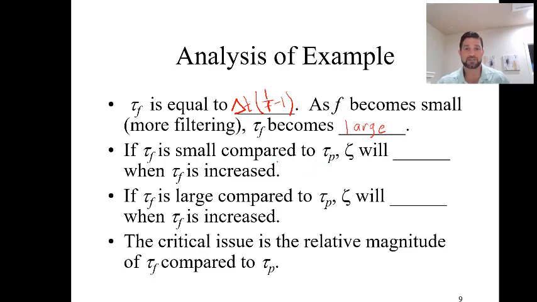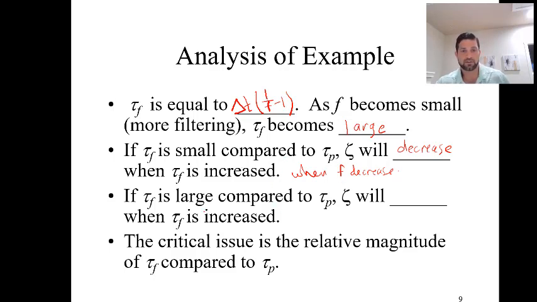If tau f is small compared to tau p, the damping factor zeta will decrease when tau f is increased. Tau f is increased when f is decreased. If we make f smaller, this makes tau f bigger, so a smaller value of f causes more filtering.